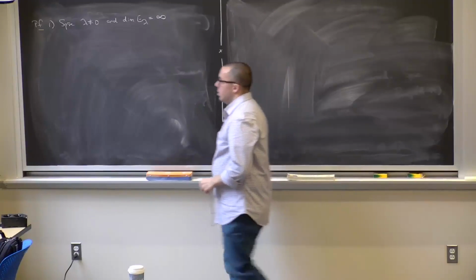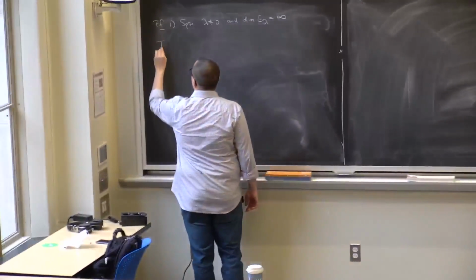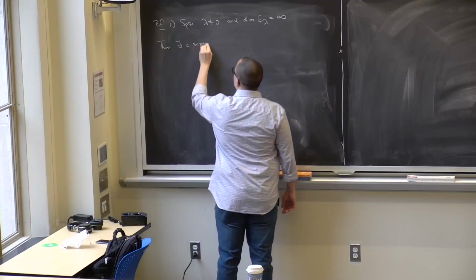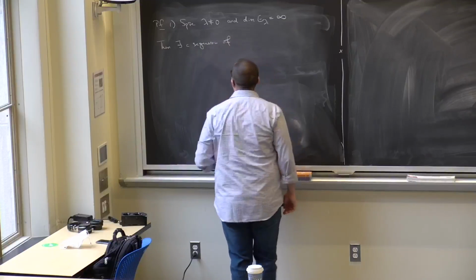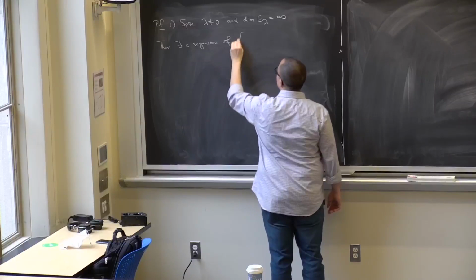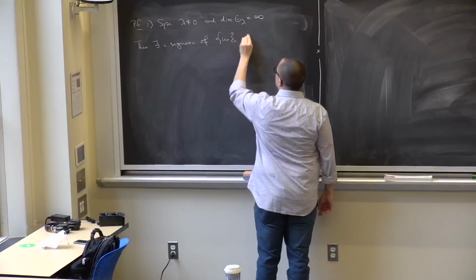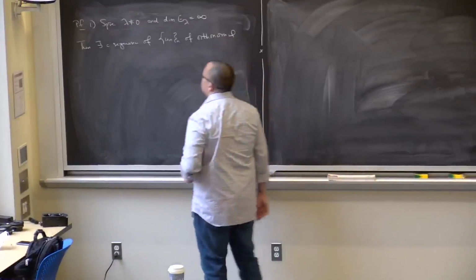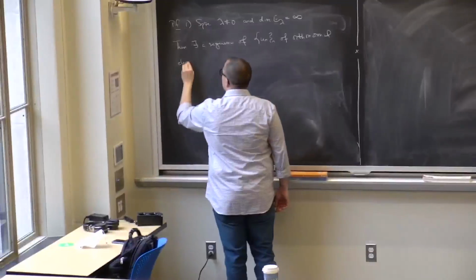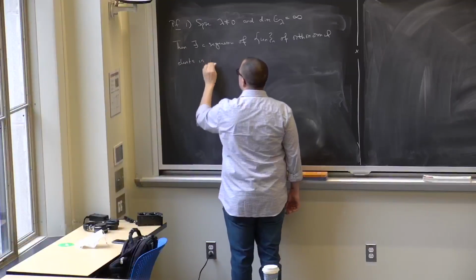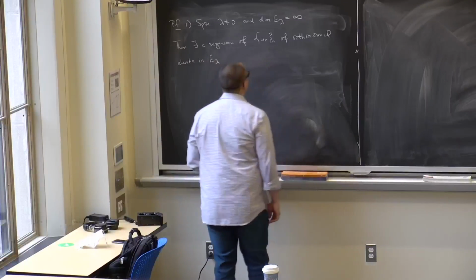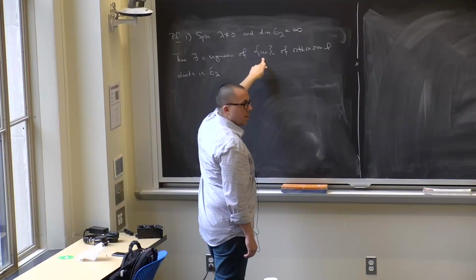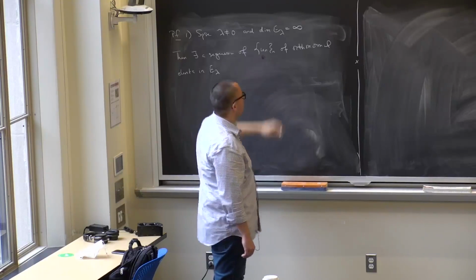Then by the Gram-Schmidt process, there exists a sequence or a countable collection, u n, of orthonormal elements in E lambda. So every element in the sequence has unit length, and it's orthogonal to any other element in the sequence.